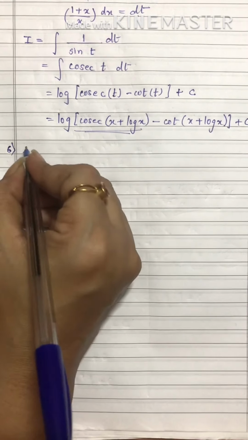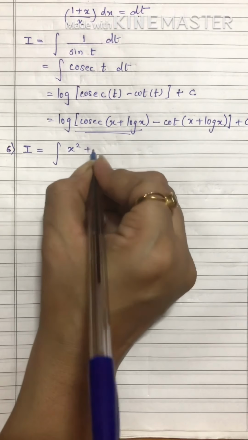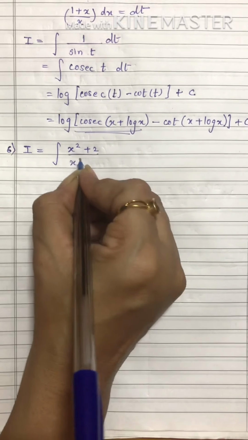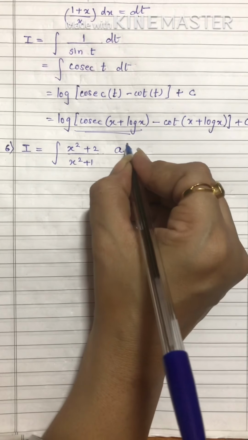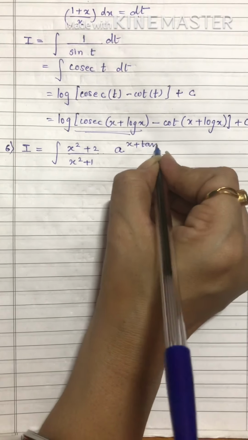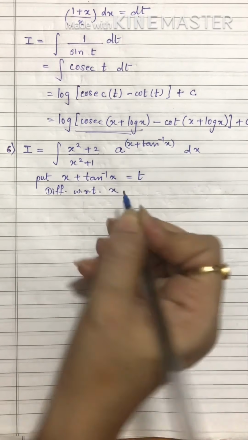Next I am taking the sixth sum from the exercise. It is I is equal to integration of x square plus 2 upon x square plus 1 into a raised to x plus tan inverse x dx. Okay, so let's get started. Put x plus tan inverse x is equal to t. Then differentiate this with respect to x. This you'll have to write every time.